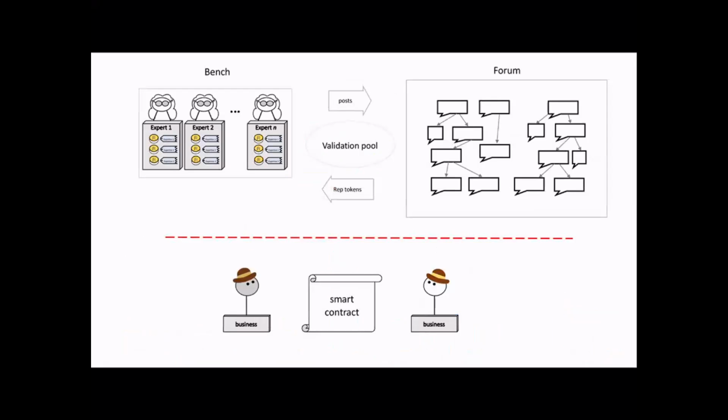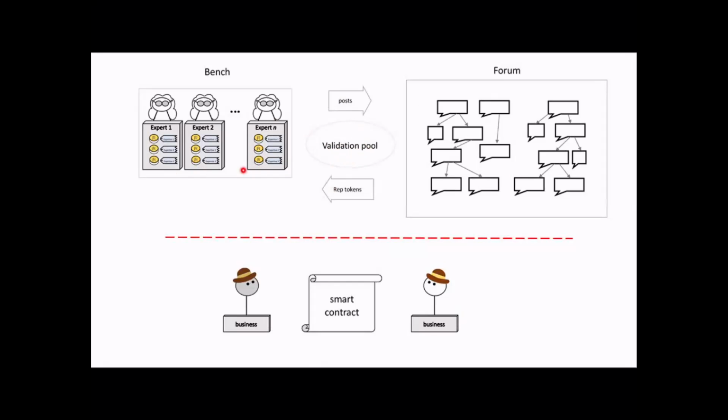Cool. Okay, so that's a big part of all this: the validation pool determines how reputation tokens are minted and where they go. In other words, that's the DAO's smart contract, the one that determines what the DAO is in the long run.